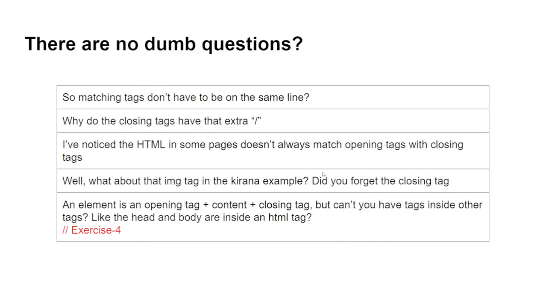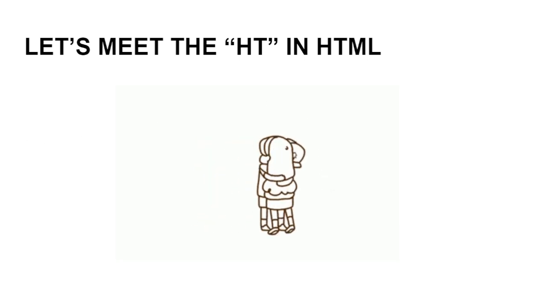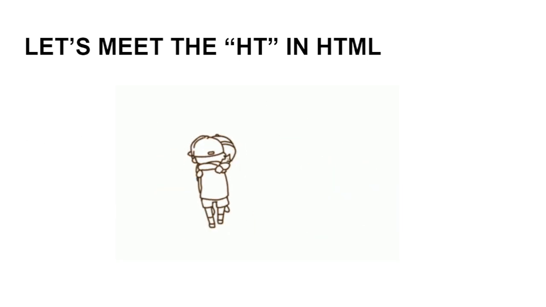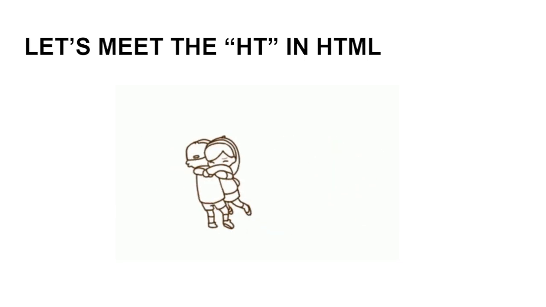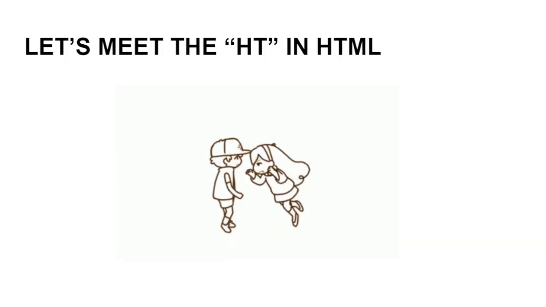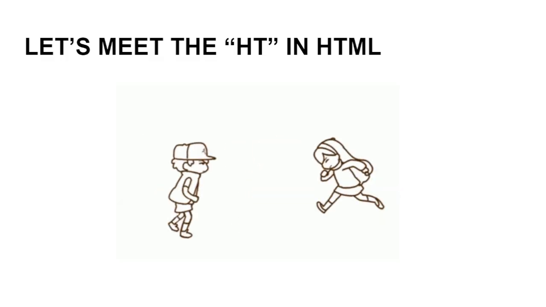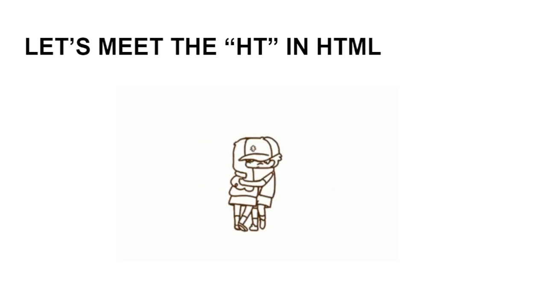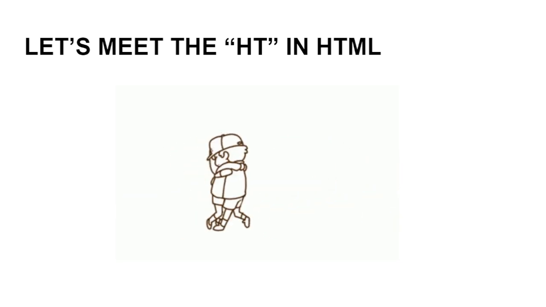So now let's move to the next part. So far we have talked about tags, web server, browser, and HTML. In HTML, we talked about the ML, where ML stands for markup language. And what was markup language?